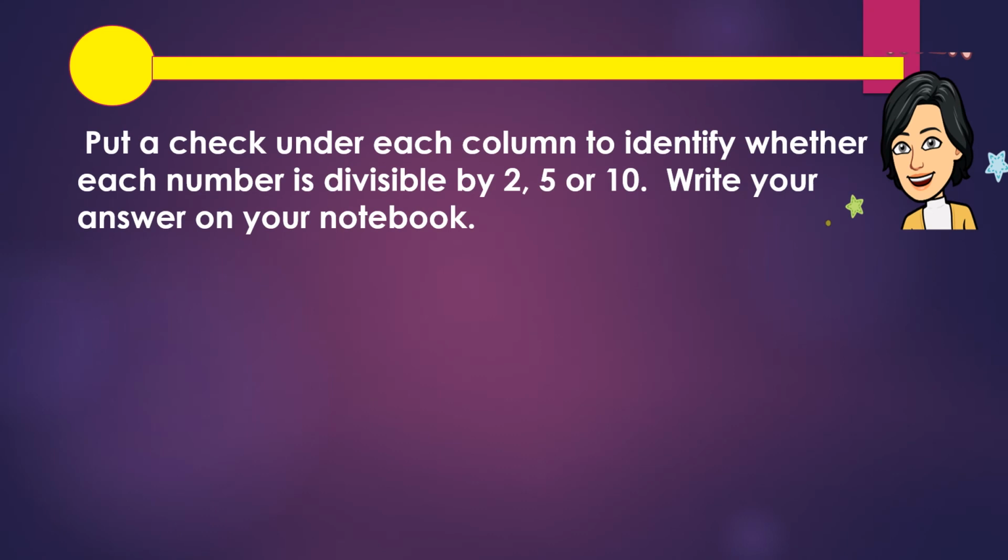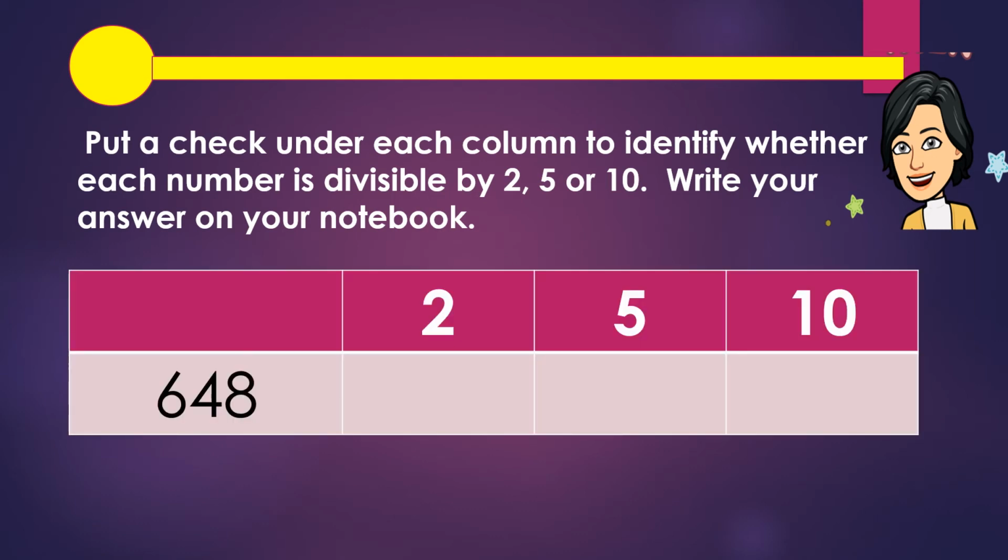Next, let us have another exercise. Put a check under each column to identify whether each number is divisible by 2, 5, or 10. Write your answer on your notebook. Okay, number 1. 648.